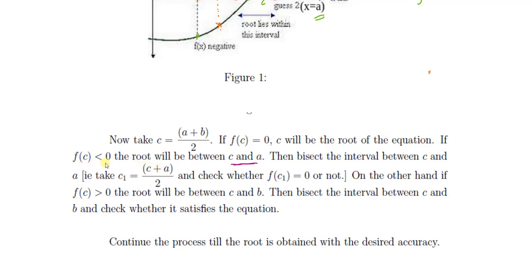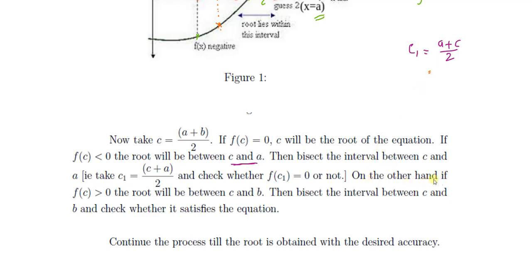Then bisect the interval between c and a. You take c1 is equal to a plus c by 2. Then check whether f of c1 is equal to 0 or not.